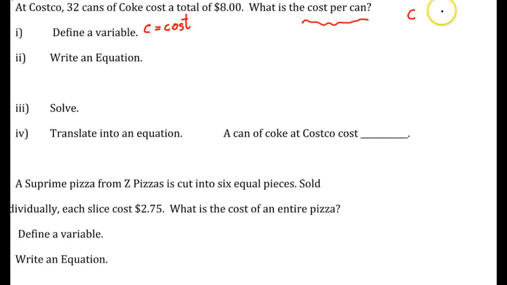So we have the number of cans, which is 32, that costs $8. We want to know how much 1 can costs. So per can means 1 can.